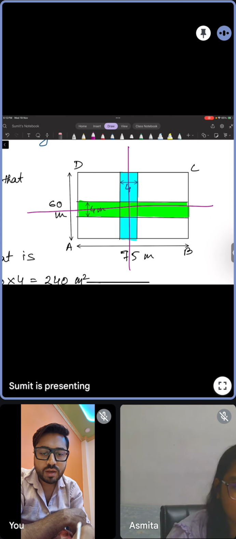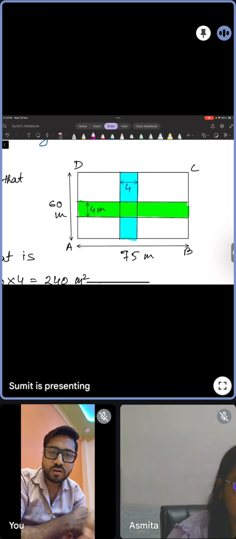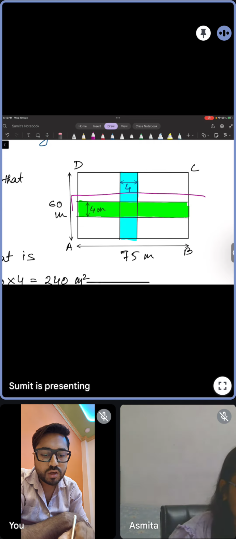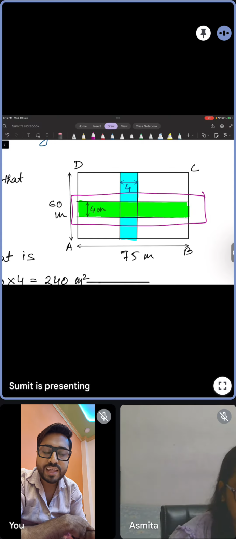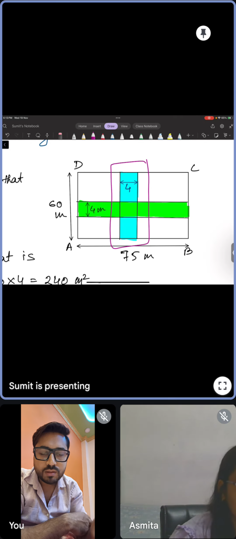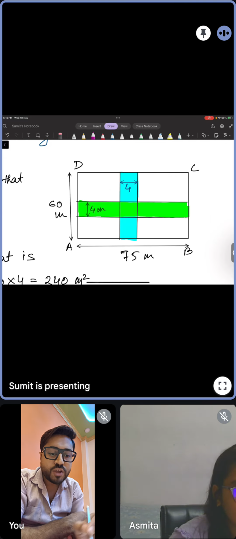Okay, so along its length and along its breadth, two roads are there, as you can see. One is parallel to length. This road is parallel to its length, and the road parallel to its breadth will be this one. If you draw this, then I have shaded both the roads in two colors.